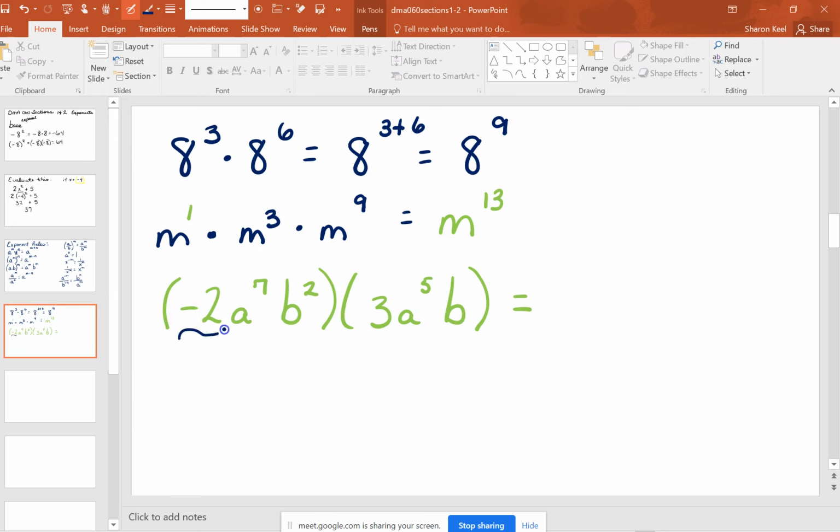So -2 times 3 gives us -6. For my a's, I have a to the 7th and a to the 5th. 7 plus 5 is going to give us 12. For my b, I have 2 b's here and I have 1 b here. So 2 plus 1 is going to give us b to the 3rd.